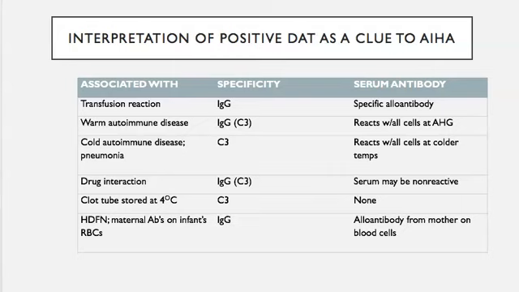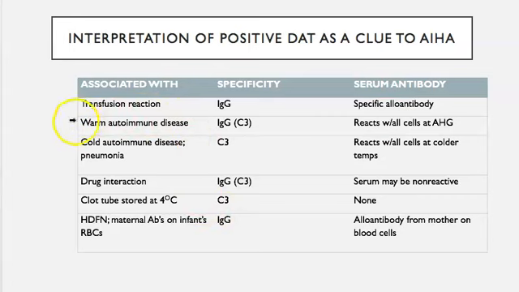Interpretation of a positive DAT result as a clue to autoimmune hemolytic anemia. So if the positive DAT is associated with a transfusion reaction, then it's going to be of IgG specificity, so it will be a specific allo antibody that we're having reactivity to.